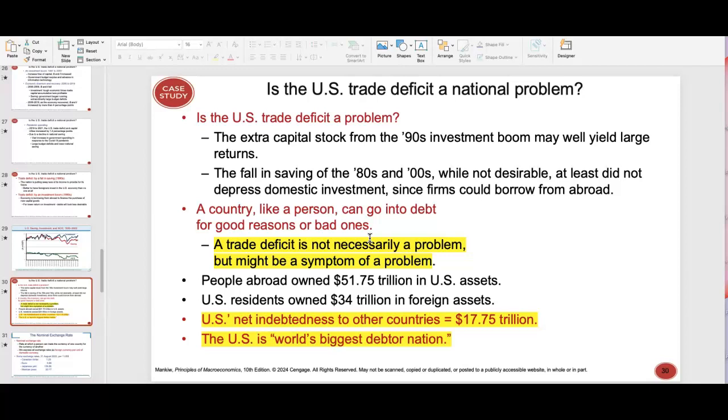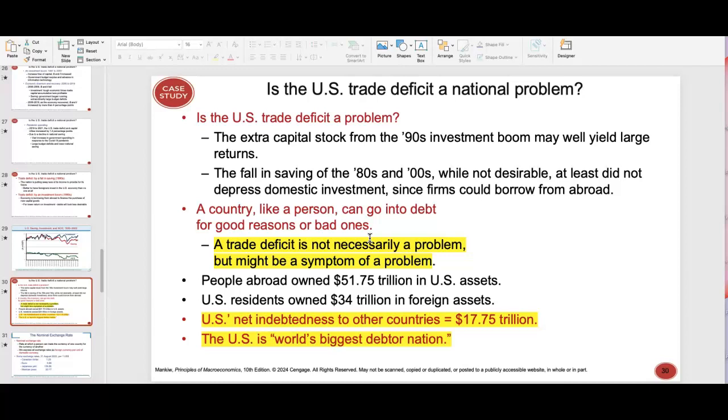U.S. residents own $34 trillion in foreign assets. So when the money is flowing, we owe money: 51.75 minus 34 trillion. We are in debt to other countries by $17.75 trillion. So the U.S. is considered the world's biggest debtor nation.